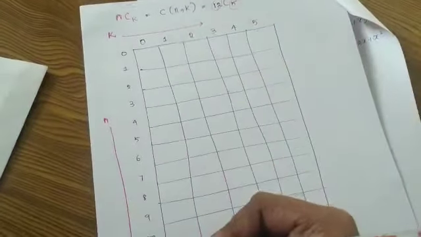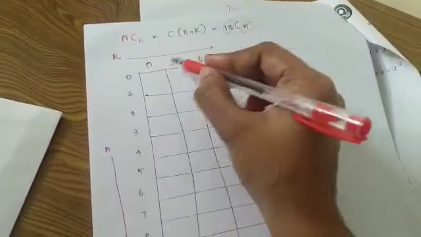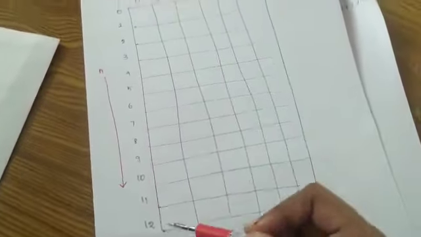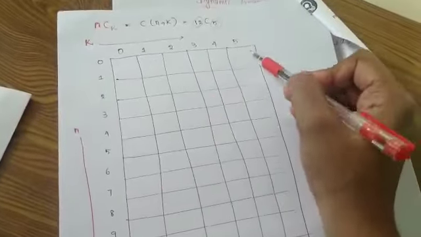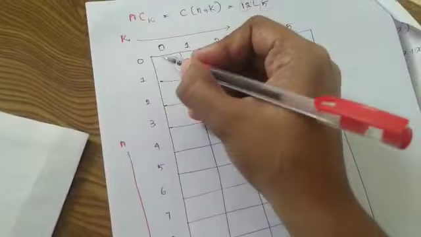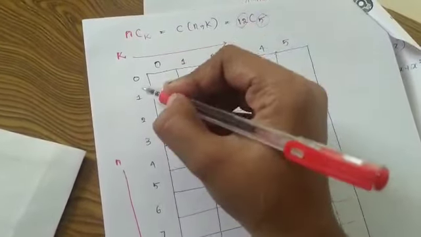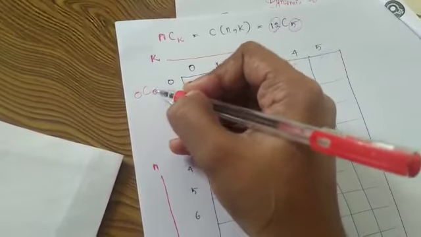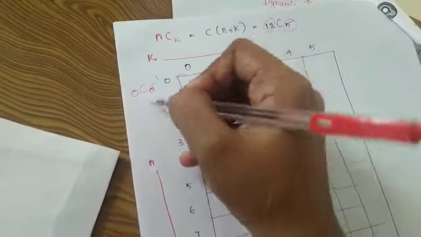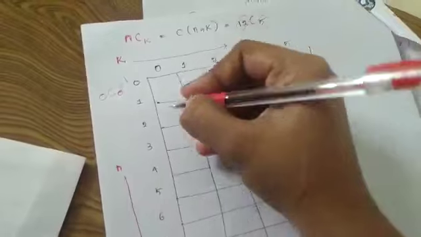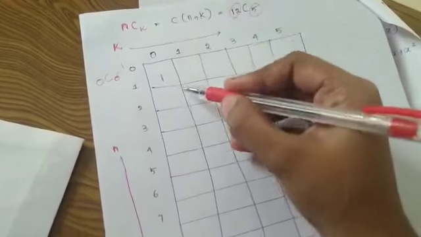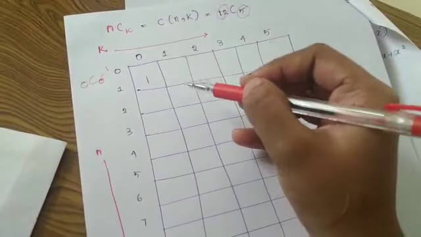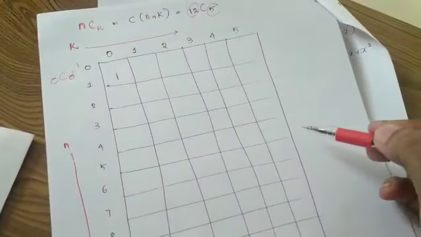Plot the axis of n values from 0 to 12 and the axis of k values from 0 to 5. Now 0C0 is equal to 1, as we saw in the first test case, so the leading diagonal will always be 1.